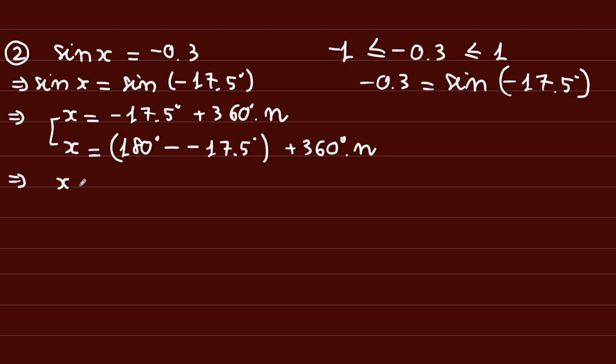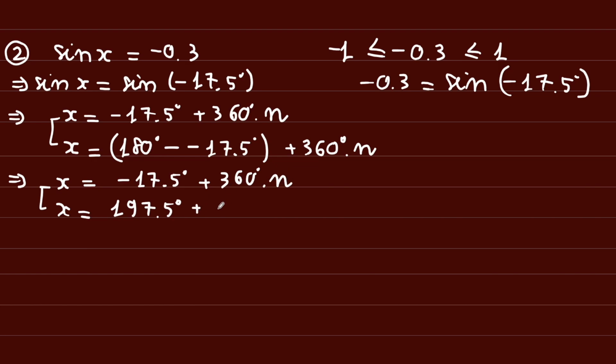Okay, so after you figure out this one, I think the general solution now is not difficult for you anymore. 197.5 degrees, and for the first one will be minus 17.5. And the second part of the general solution is 360 degrees multiplied by n like this one.